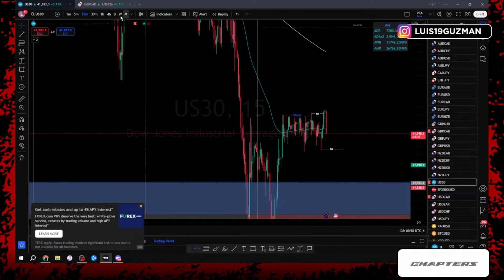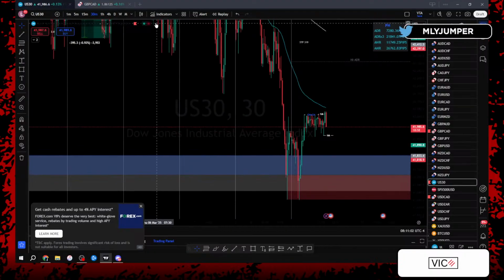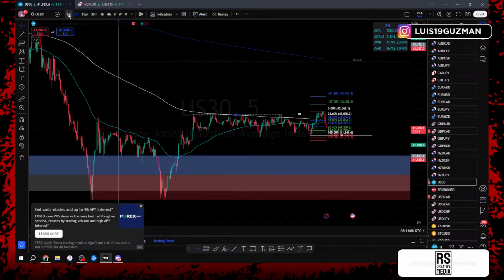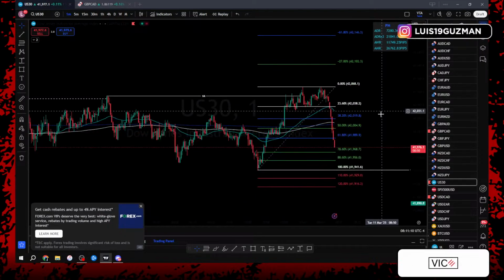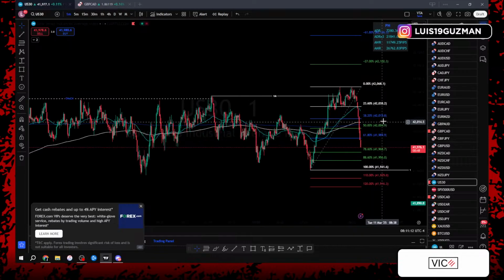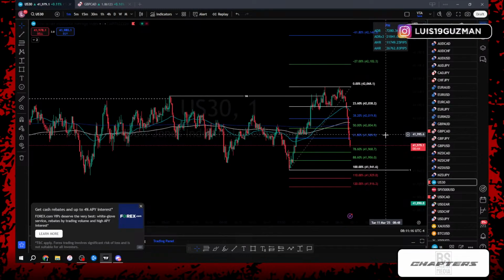So on a 50% retracement and stuff like that, what would you look for as far as entry? Same rules. Even if I have a 50% retracement, I want to see the bounce off the EMA. I want to see an engulfing candle.